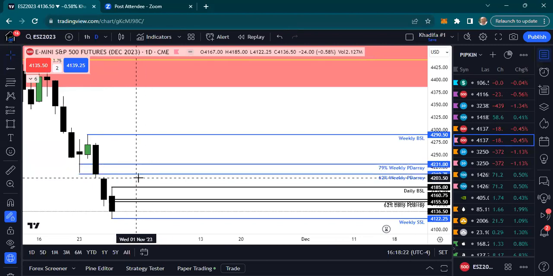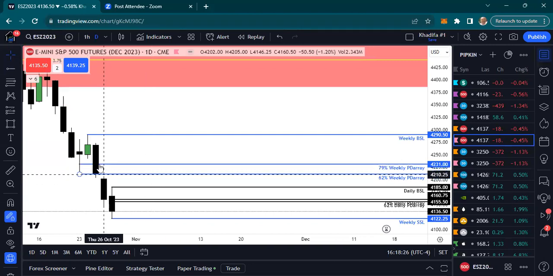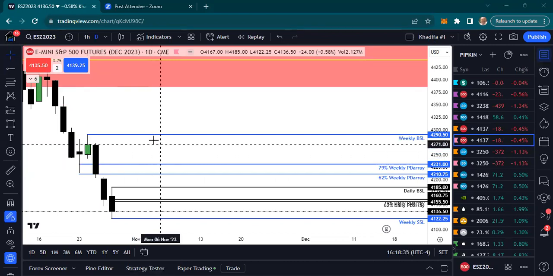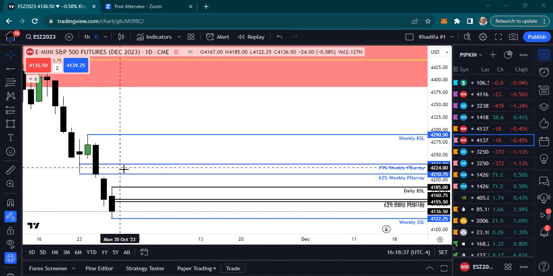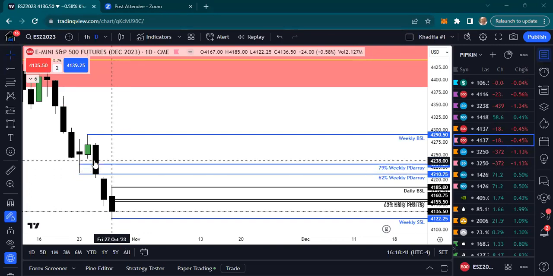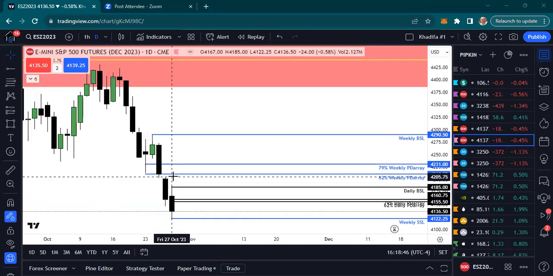That these weekly premium PD array is inside of, and I would like to see the PD arrays respected within that fair value gap and continue lower.